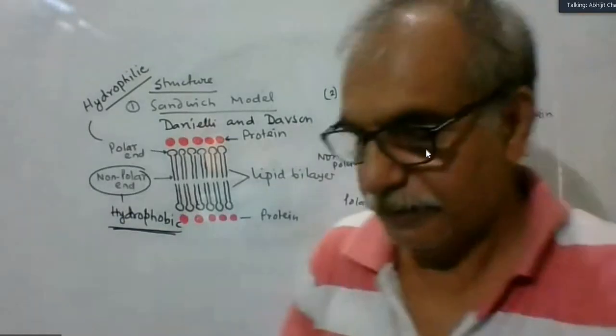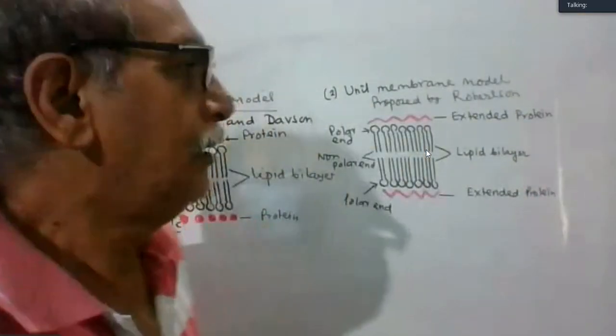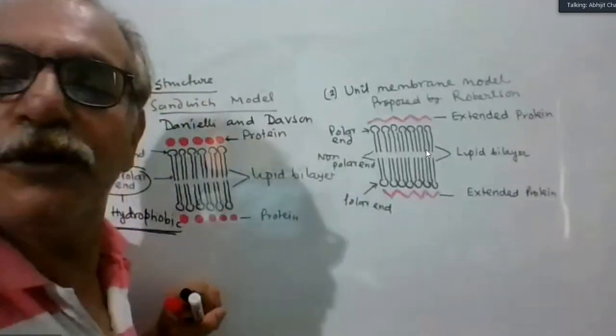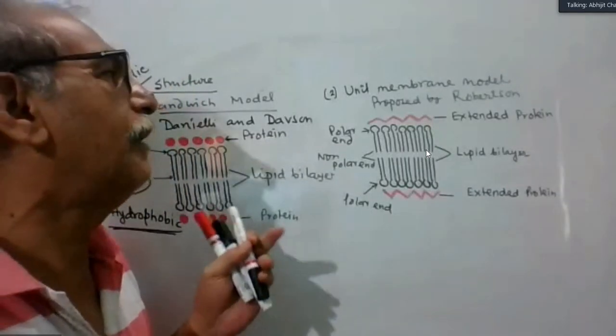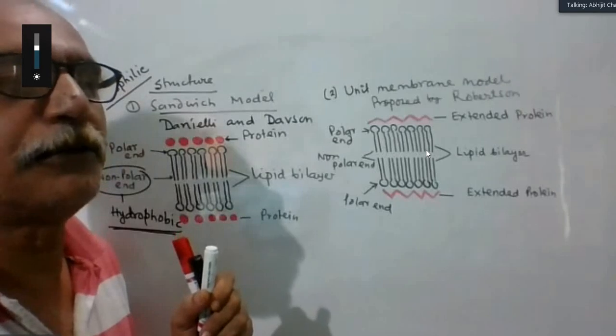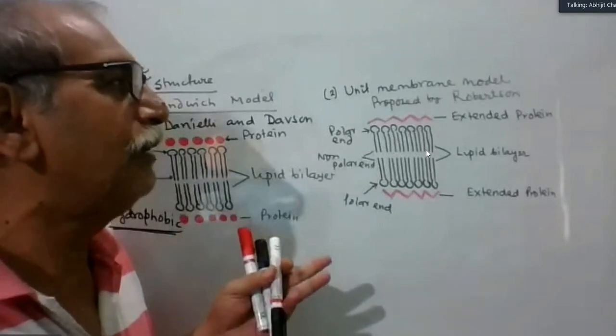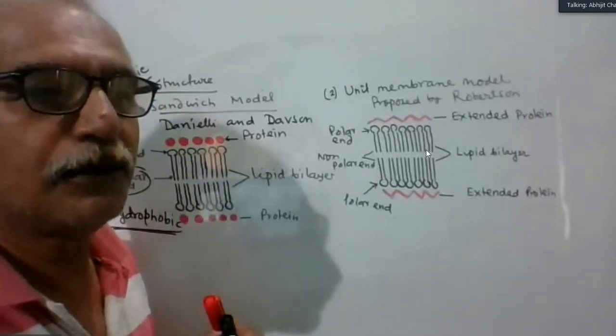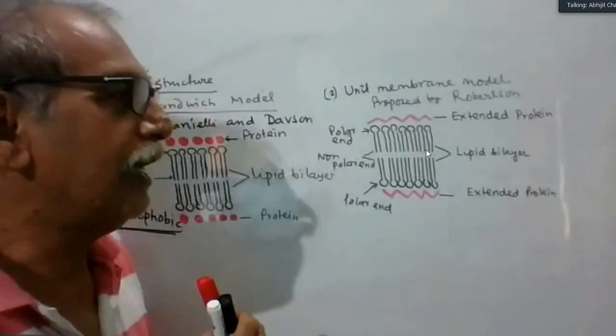Clear? Is it clear to you? The limitations that the Danielli-Davson model or sandwich model has, the same are found in the unit membrane model. So that's why the other model comes.